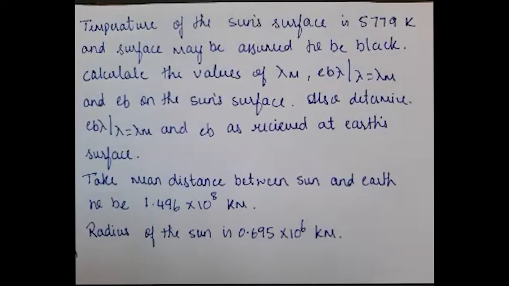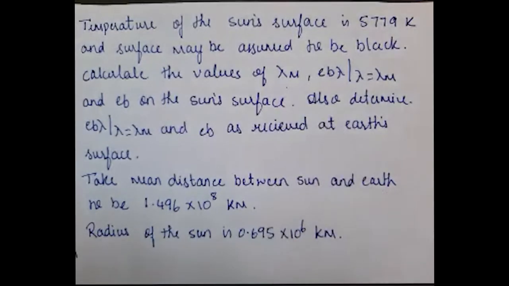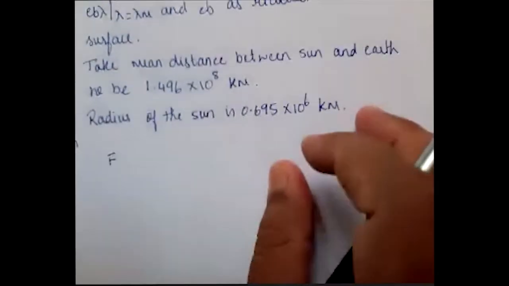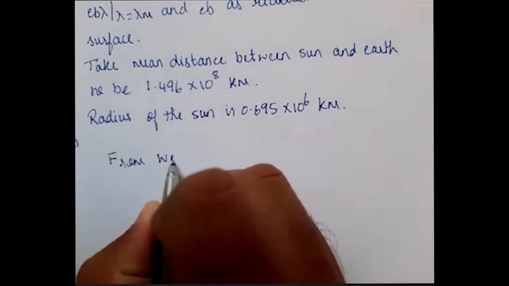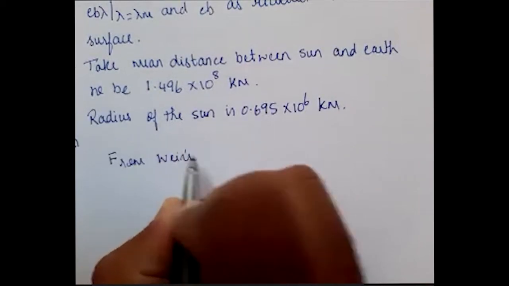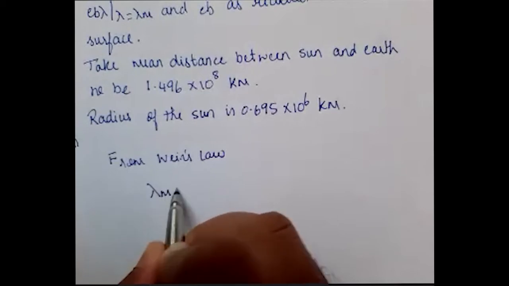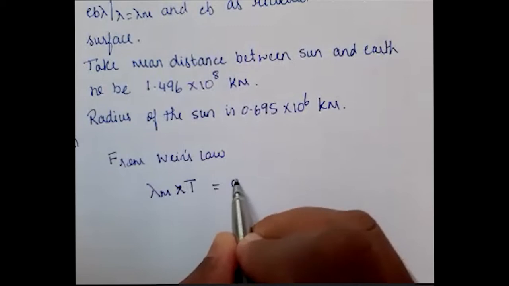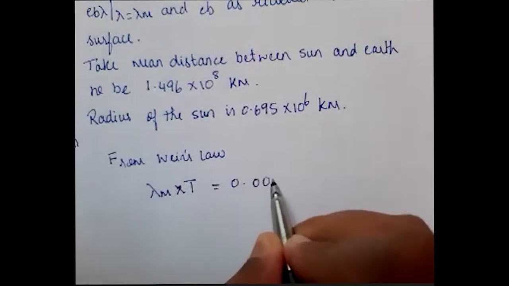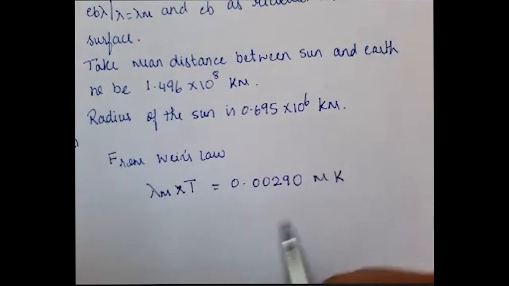So to know the first value, lambda m, it is from Wien's law. From Wien's law, I have lambda m into T is equal to 0.00290 meter Kelvin.